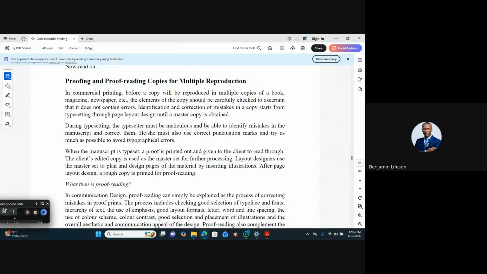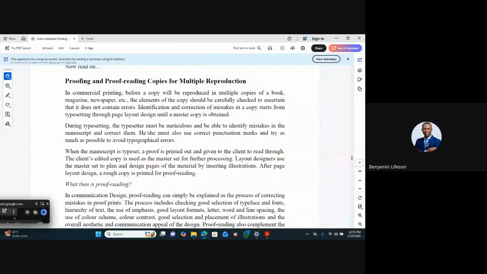So if you are very conscious, the next stage is for you to give the proof, that is the printout, to your client to read through. After the client has read through, the client's edited copy will be used as the master set for further processing.